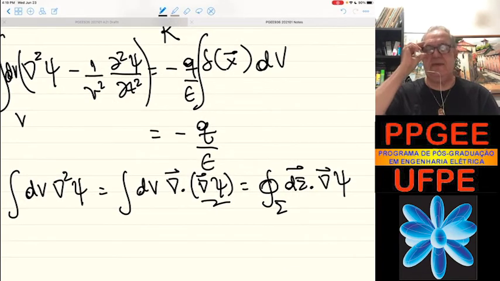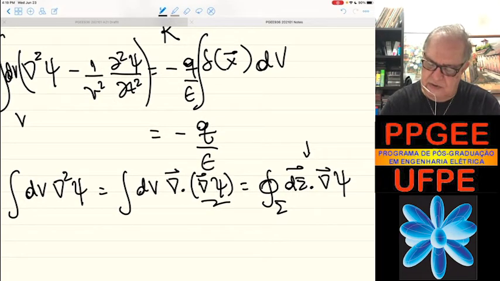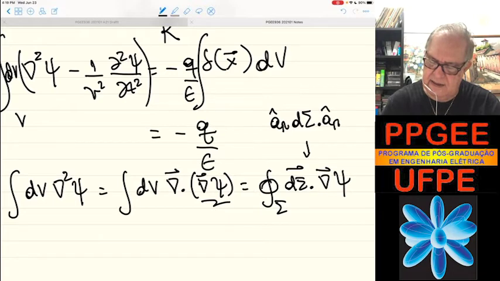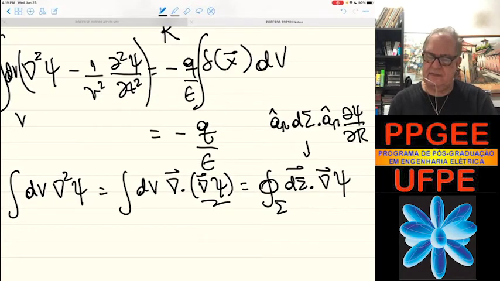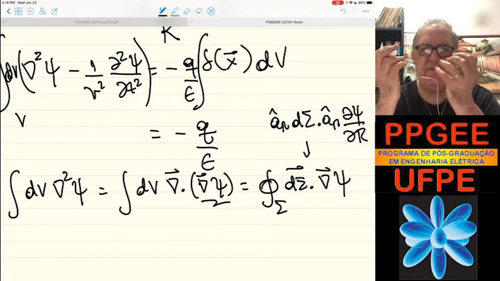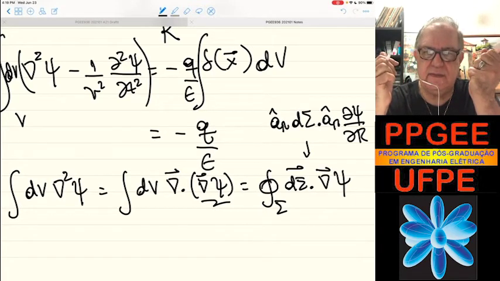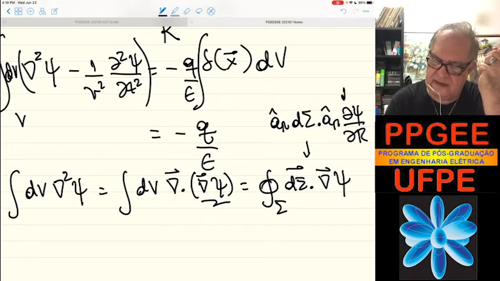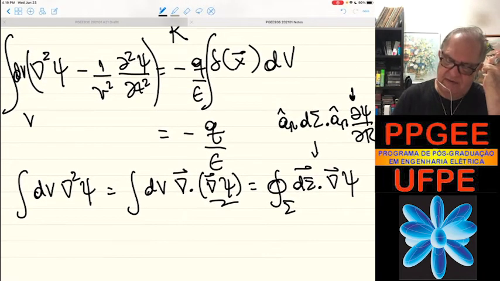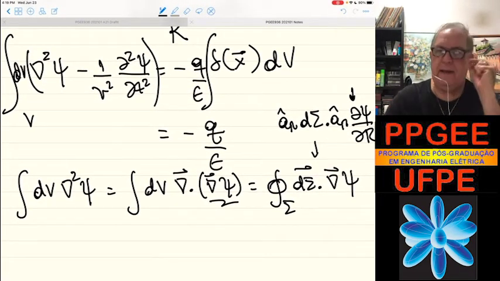In fact, psi depends only on r, so this equals a_r d sigma dot a_r d psi dr. So you get a surface of finite radius, and we calculate the derivative.